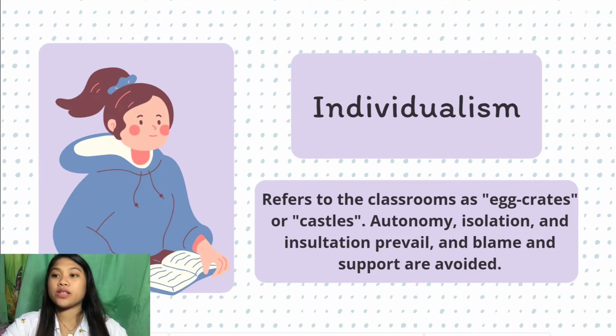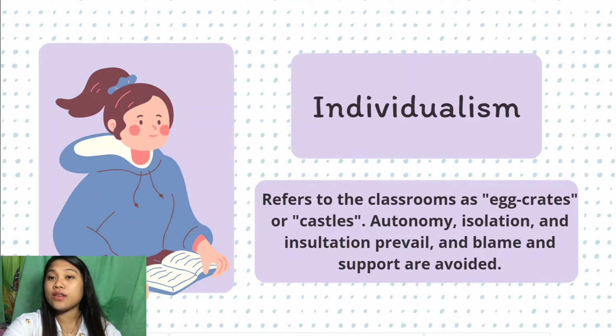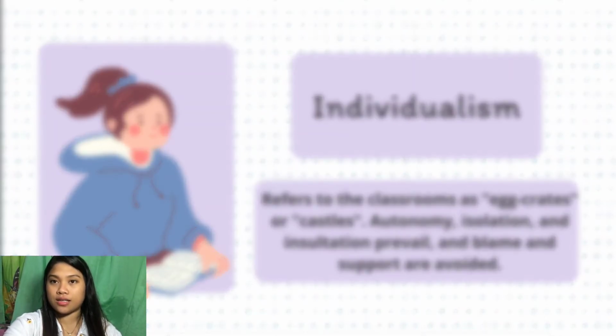It refers to classrooms as aggregates or castles. Autonomy, isolation, and insulation prevail, and blame and support are avoided. As the title says, it is about isolation among staff. This culture does not facilitate school development as collaboration does.